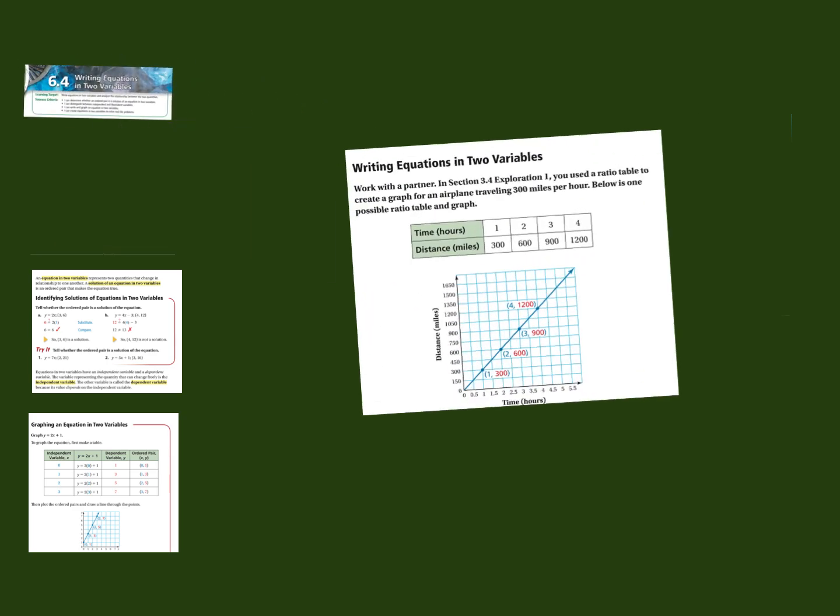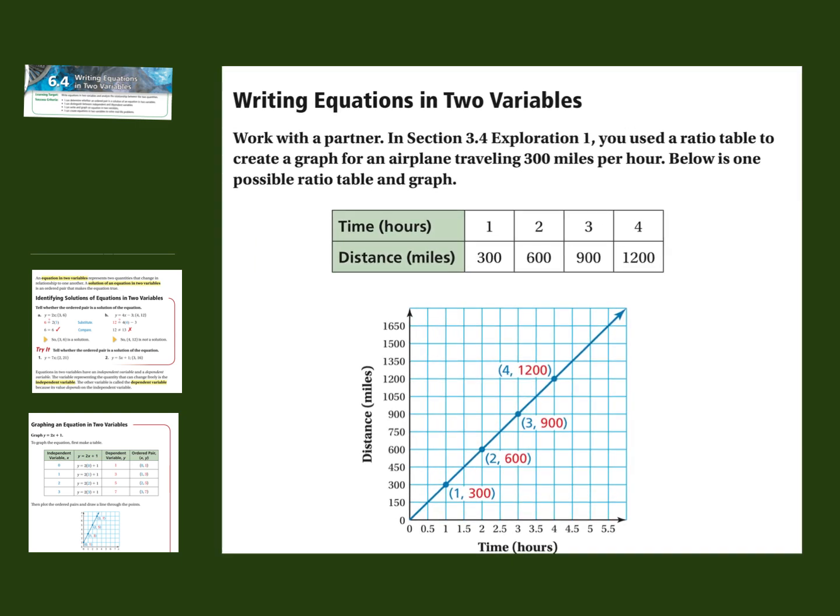So let's shrink this. Let's bring this up. So when we have equations with two variables and we start graphing, keep in mind that the variables in an equation are the two variables that would be the x and the y axis on a graph.